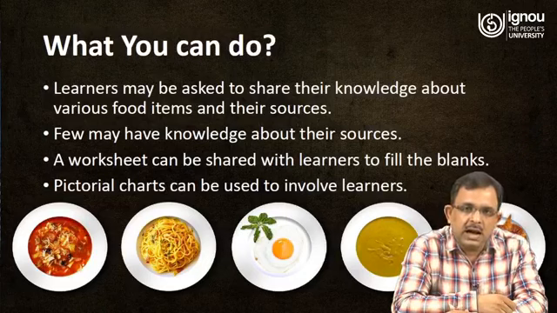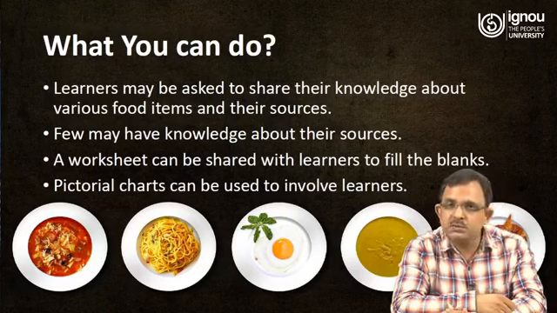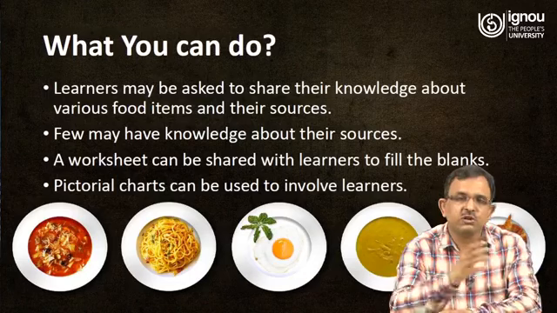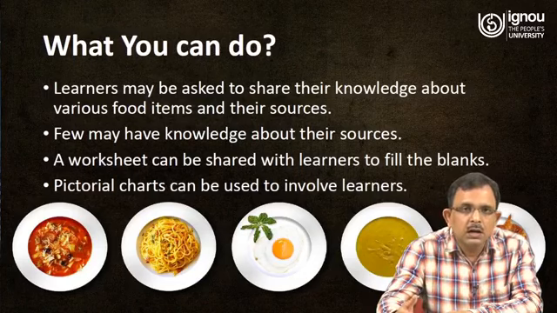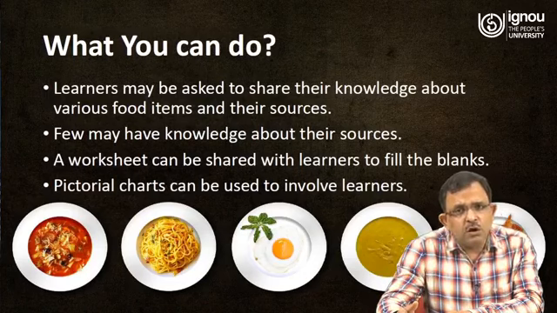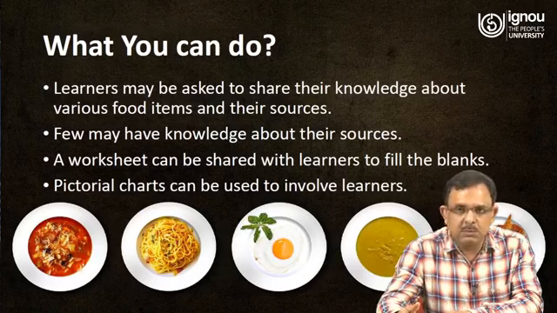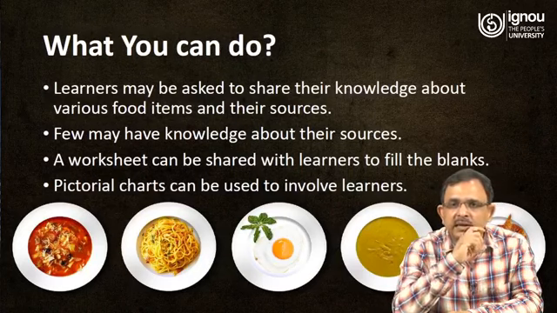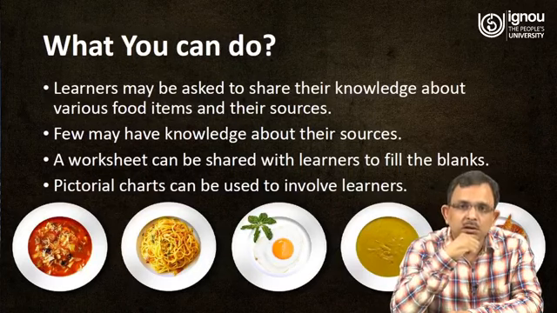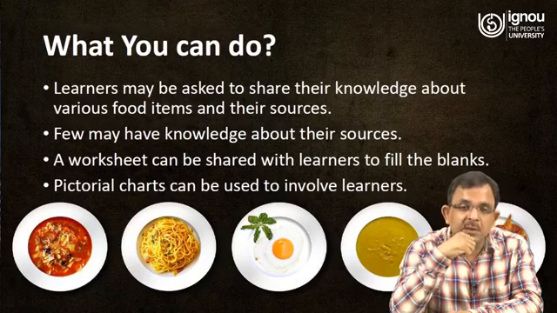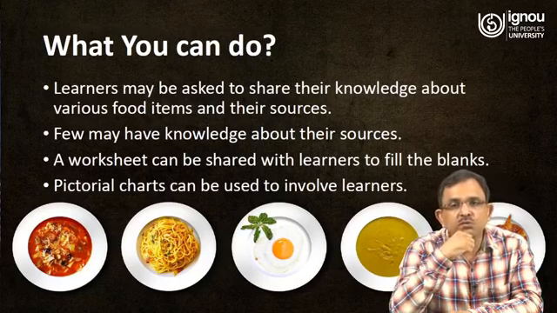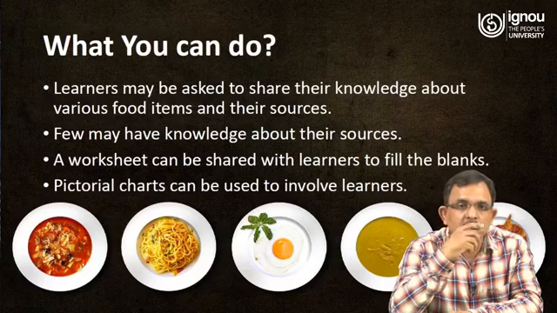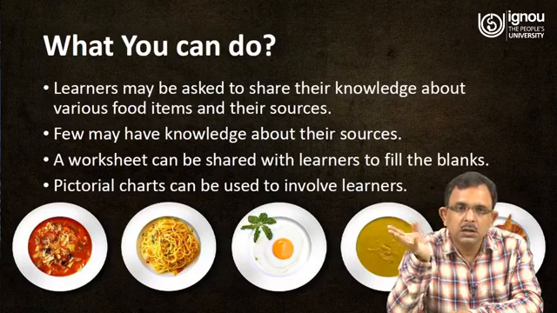You can ask them to share their knowledge about various food items and their sources which they are watching or eating every day. Few may have the knowledge about the sources. For example, a few students can tell you that we are using sugar, but from where sugar is coming, maybe a few students know that it is coming from sugar cane or beetroot.